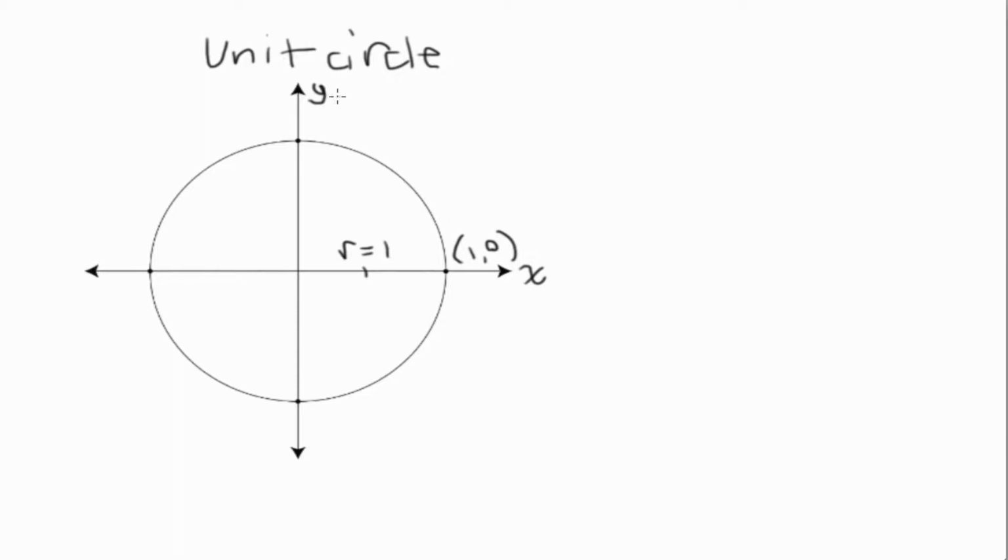Then negative 1, 0. This is just in the Cartesian coordinate system, right? And 0, negative 1. And that's good, right?